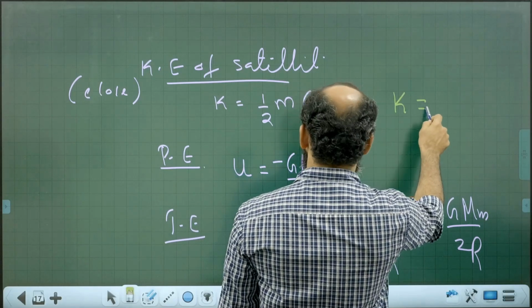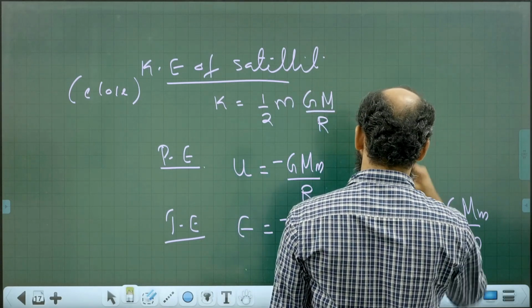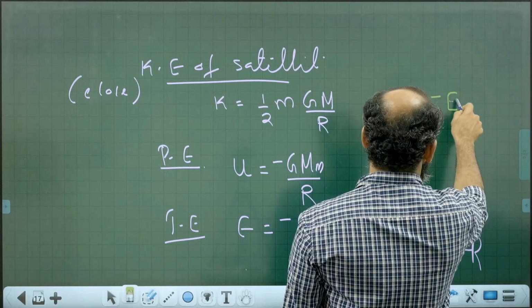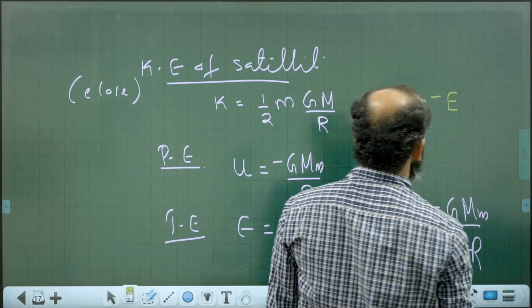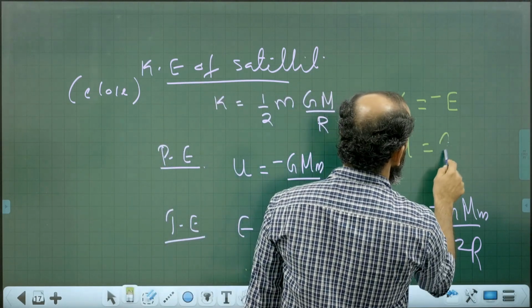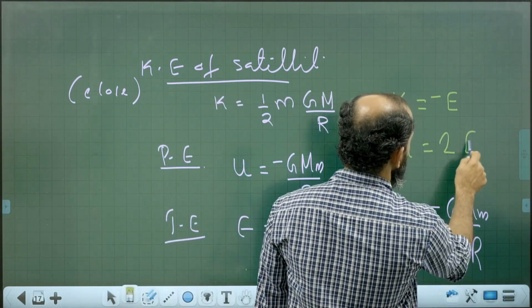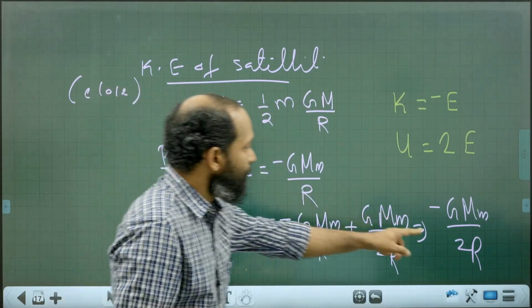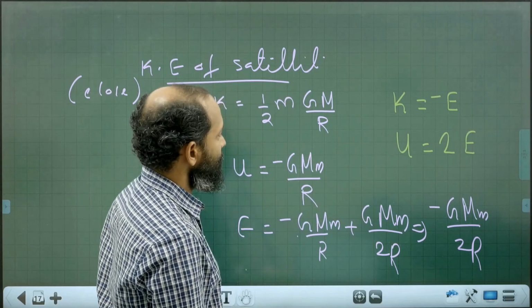Kinetic energy can be written as numerically equal to total energy. That is, kinetic energy is the negative of total energy. Now potential energy is equal to 2 times total energy. Both negative.